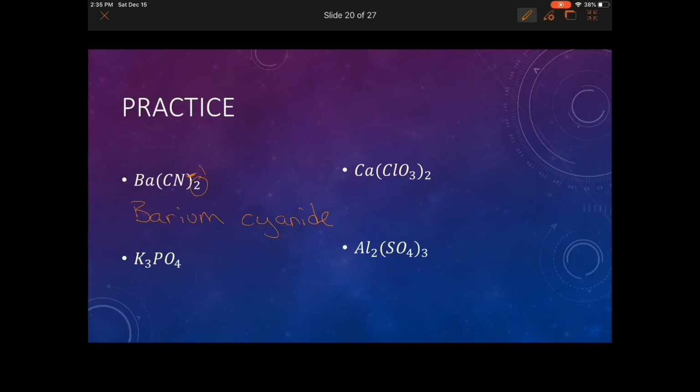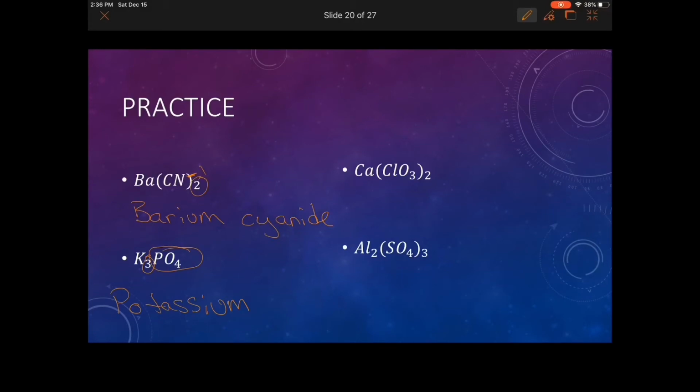Let's try the next one. We've got K3PO4. Potassium, that's your cation, so we're going to name that. It's in the first column, which means the charge is going to be typically a +1. So we have 3 atoms here. And PO4, this is your polyatomic ion.